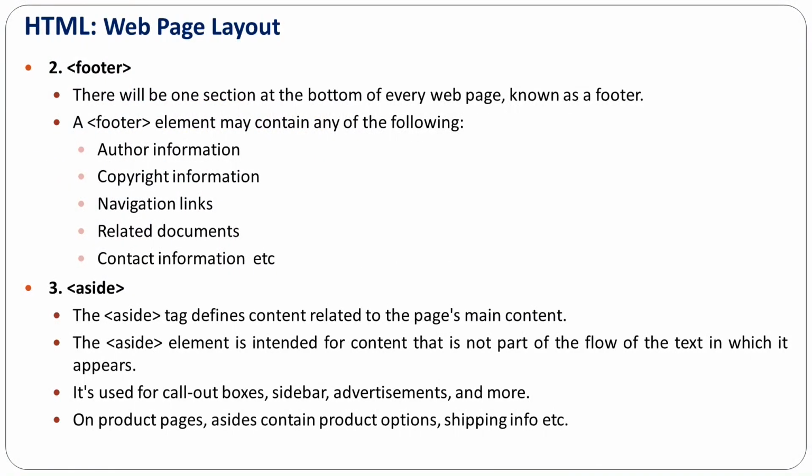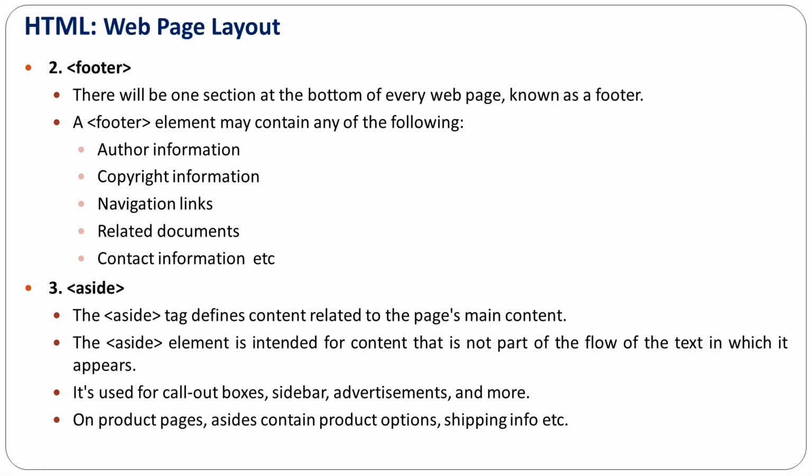Next is the aside element. The aside tag defines content related to the page's main content. So this tag helps us to define or place the content that is related to the main content of the web page. The aside element is intended for content that is not part of the flow of the text in which it appears.